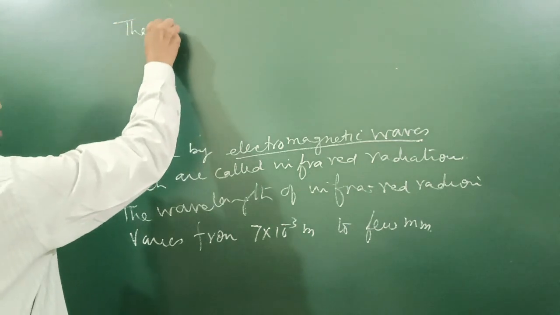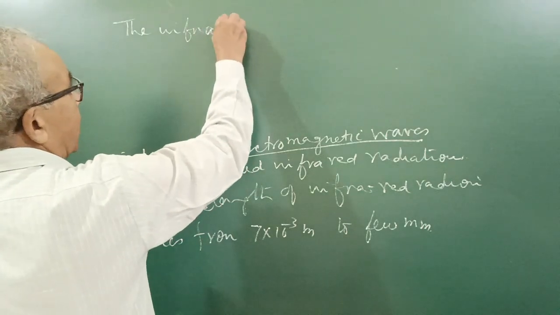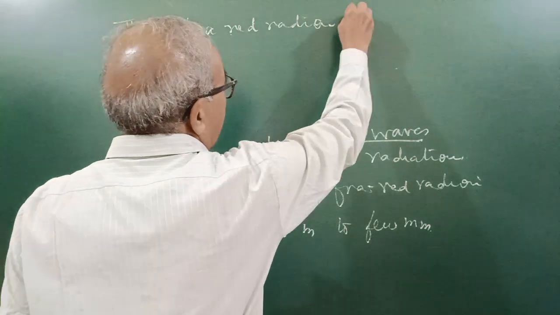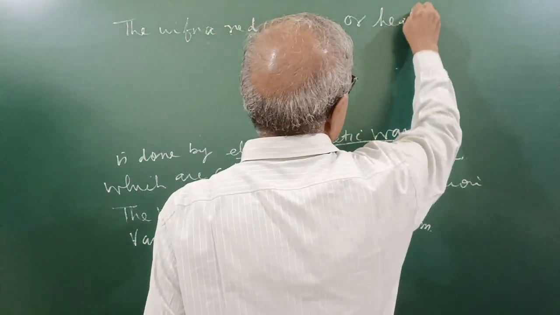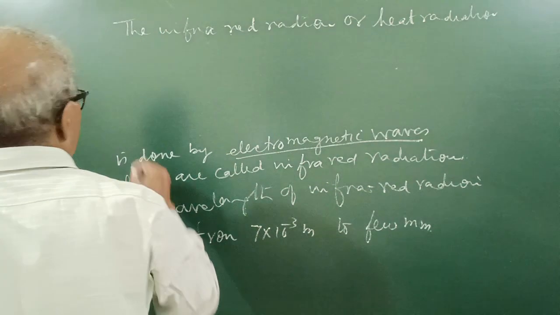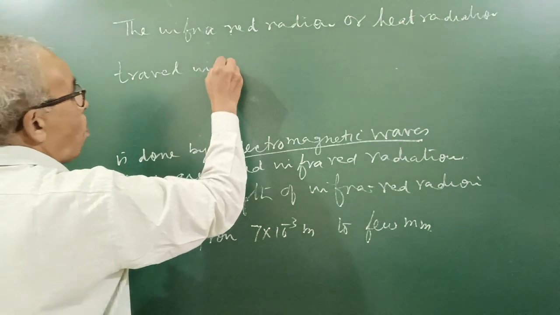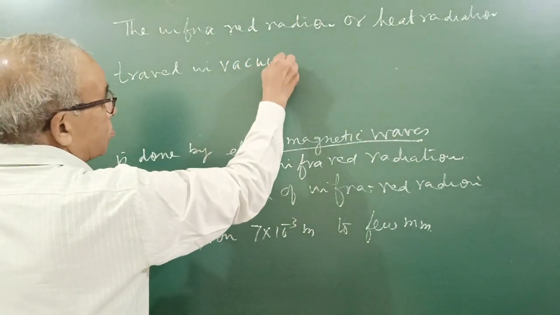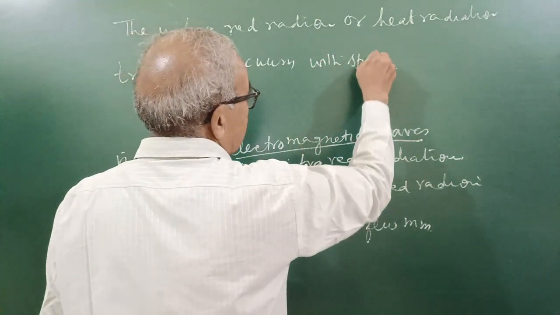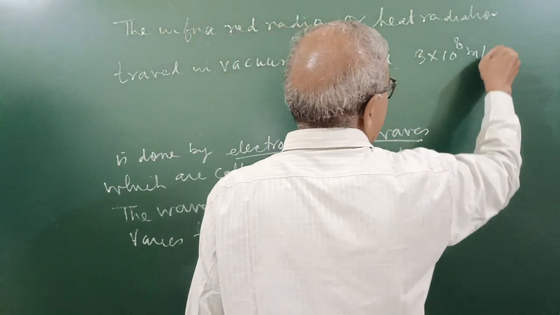The infrared radiation, also called heat radiation, travels in vacuum with speed 3 × 10⁸ meter per second.